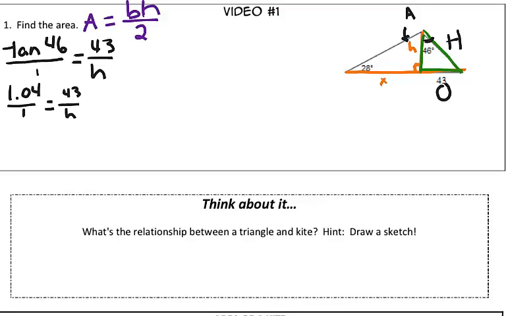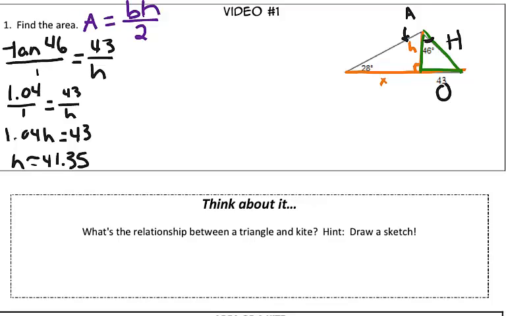To solve this, we're going to cross multiply. So 1.04h is equal to 43. And then to get h by itself, we use inverse operations. We're going to divide both sides by 1.04, which means that h is approximately 41.35.